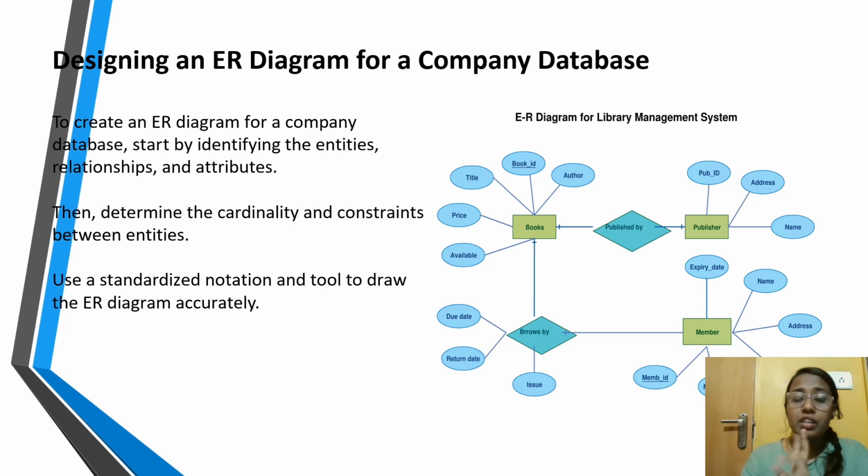Use a standardized notation and tool to draw the ER diagram accurately. In the previous slides, we learned the standardized notations for entities, attributes, relationships, cardinality and constraints. So use those notations or tools to represent the ER diagram after identifying the entities, relationships, and attributes.